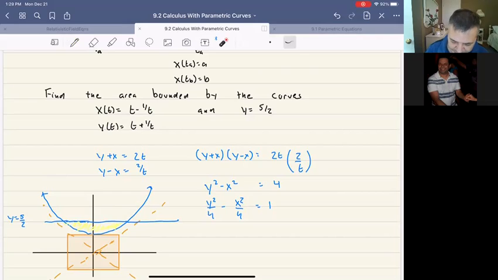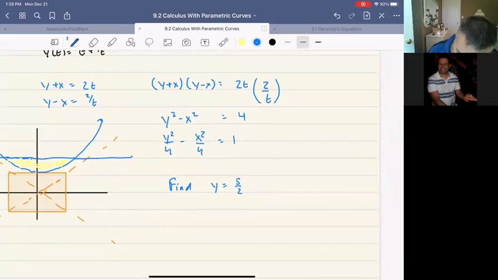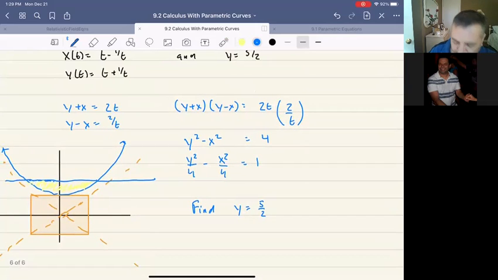So we need to find y equals 5 halves. Actually, I probably never even needed to do all the graphing, but let's just do that.